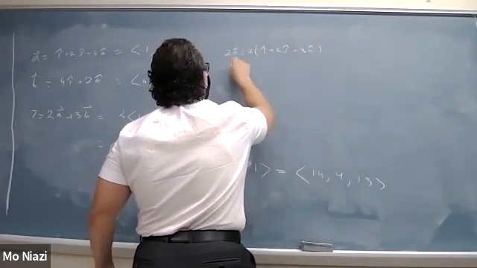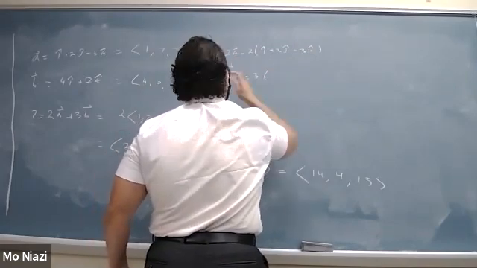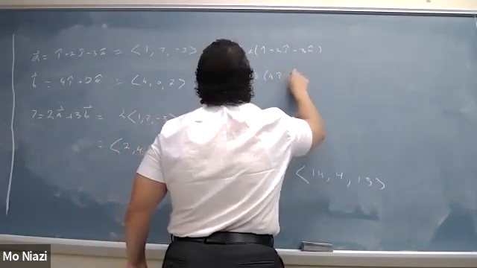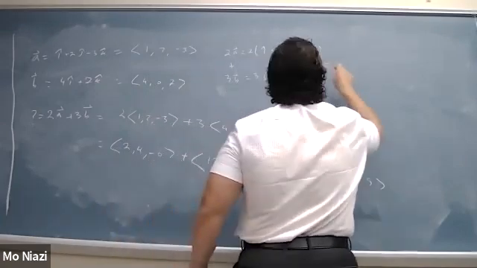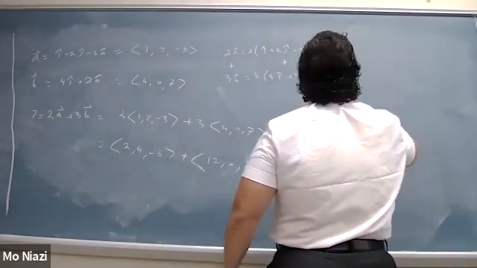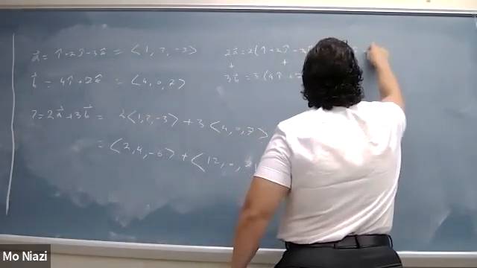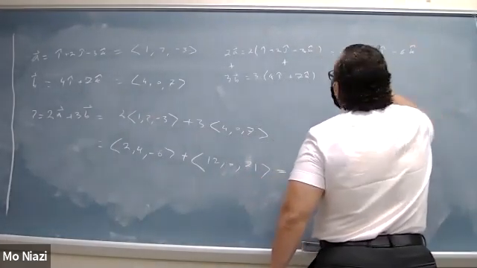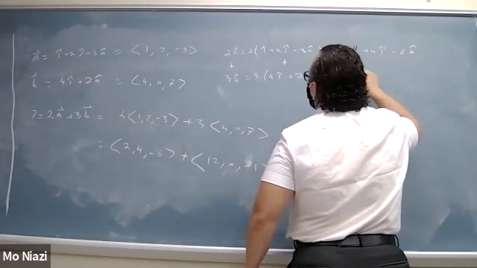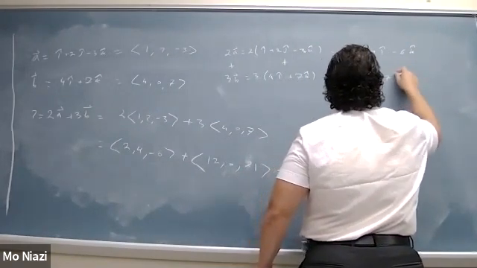And I'm going to add it to 3b, which is the same thing as 3 times this, 4i hat plus 7k hat. And so when I add these two, let me first distribute. This is 2i hat plus 4j hat minus 6k hat. This is then equal to 12i hat plus 21k hat.